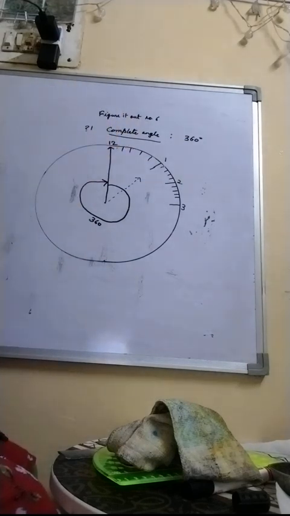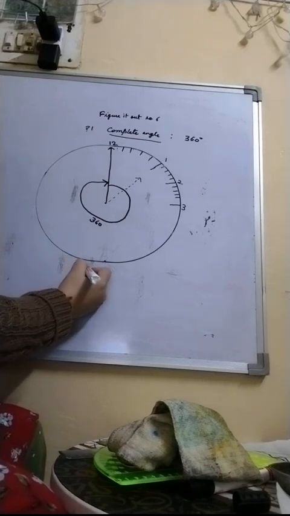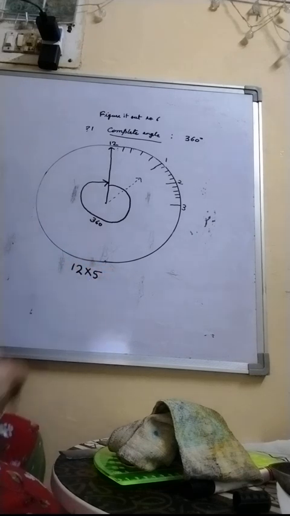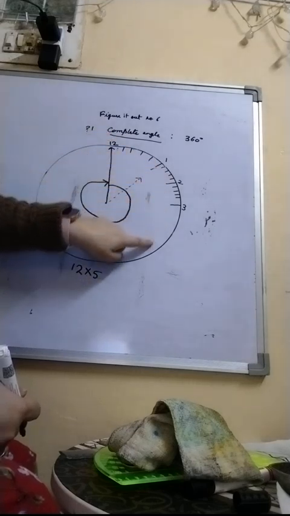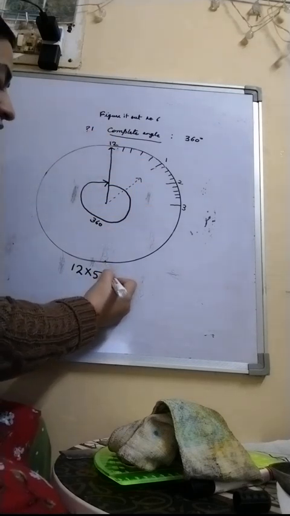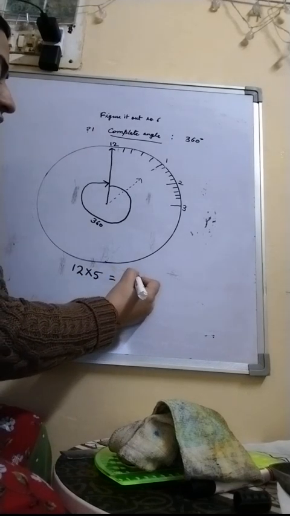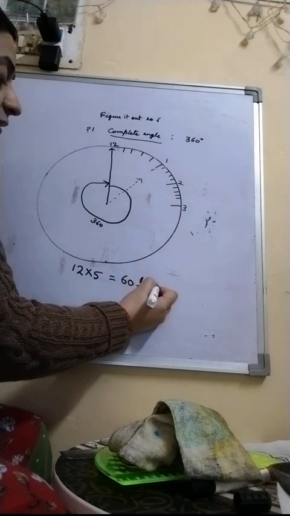So how many total lines would we have? We would have 12 into 5, because you have 12 numbers here: 1 2 3 4 5 6 7 8 9 10 11 and 12. 12 numbers are here. So when you multiply it with 5 lines, you get a total of 60 lines.